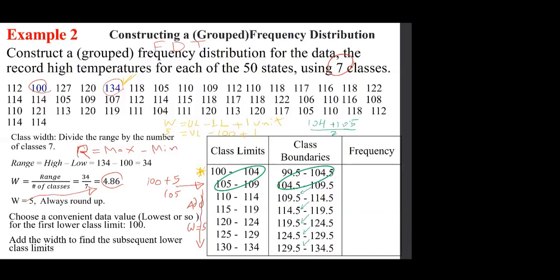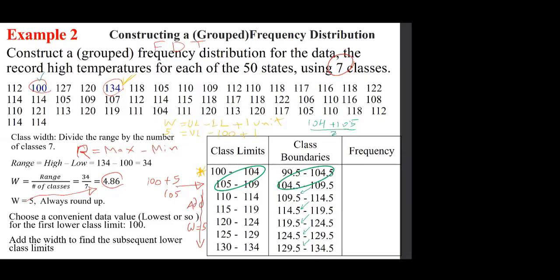Now, what about the frequency? Very simple. You just go and figure out where everything belongs. Now, I didn't put the tallying here, everybody. I want you to know there is no tallying here. But just for the sake of argument, between 100 and 104, just as an example, I want you to know that 100 is in that class. This is one of it.